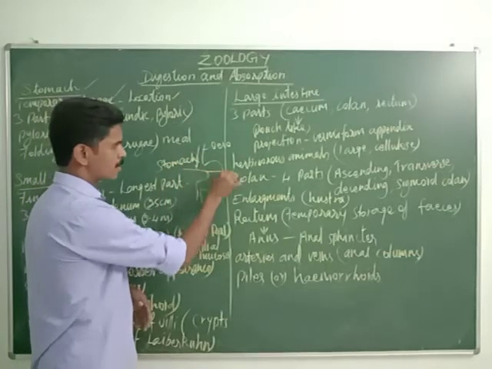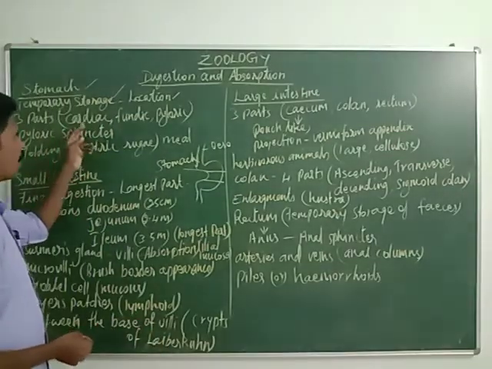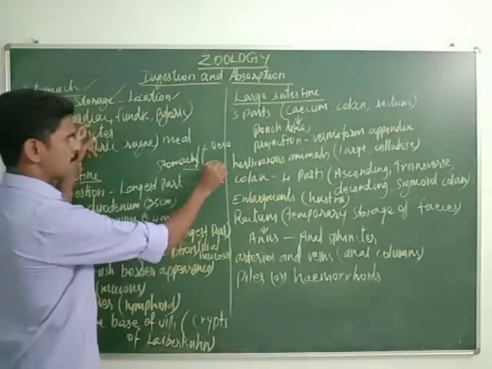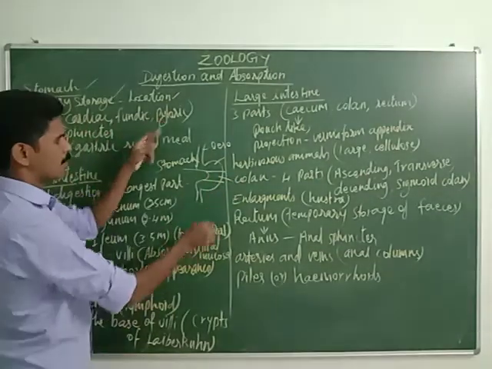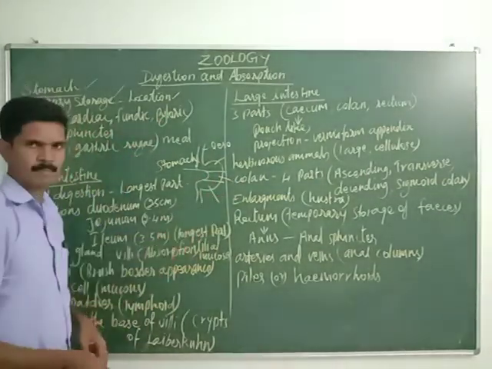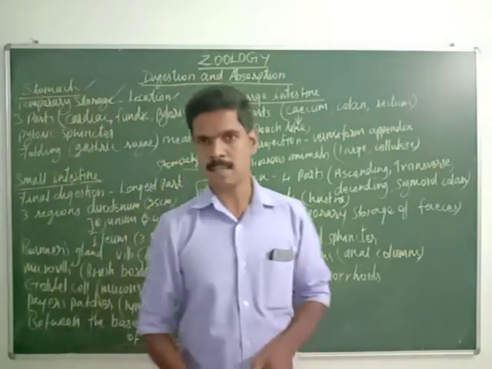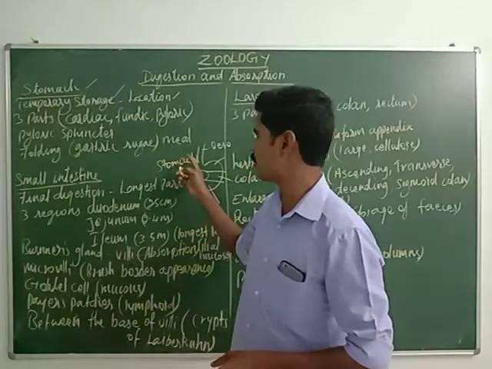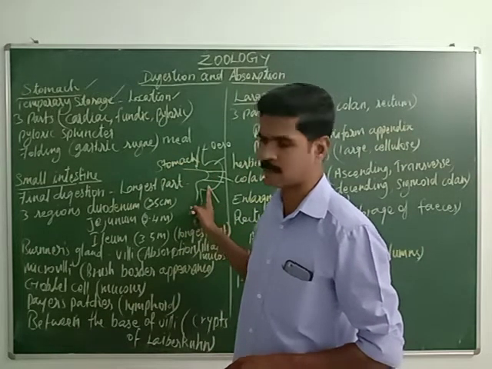The first part is called the cardiac part, the middle part is called fundic, and the last part is called pyloric. So the stomach is divided into 3 important regions.